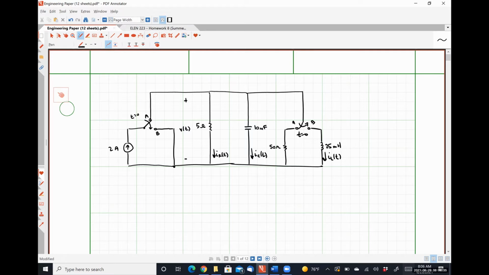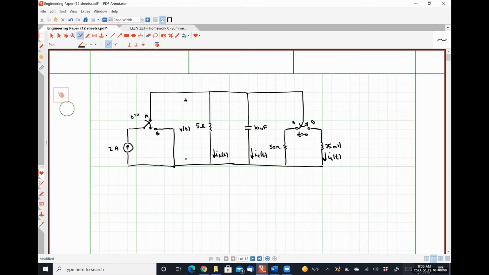After the switch is closed, the 2 amp source is effectively removed from the circuit, and the 50 ohm resistor is removed as well, leaving behind a 5 ohm resistor, a 10 microfarad capacitor, and a 25 millihenry inductor, all connected in parallel. So this is a parallel RLC circuit.